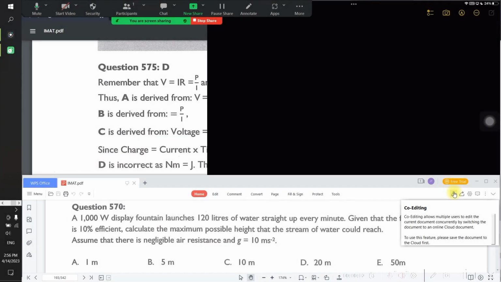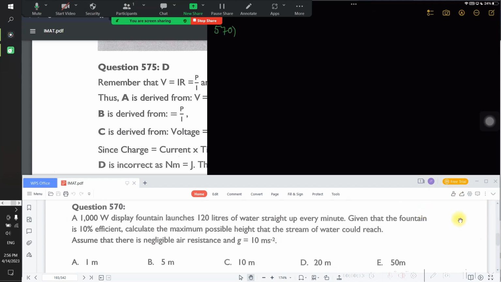Okay, so question 570. I have to do this one because we ran out of time in class, so I have to do it at home, okay? A 1000 watt display fountain launches 120 liters of water straight up every minute.